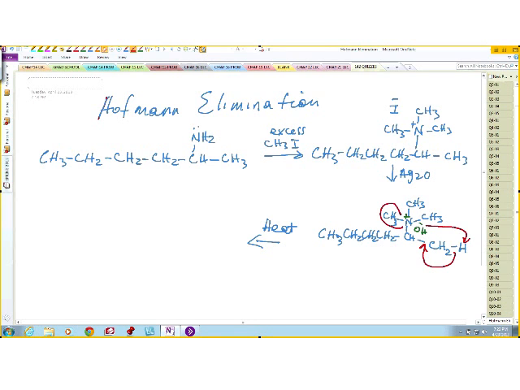That will break. And what do we get? We get this, plus trimethylamine.